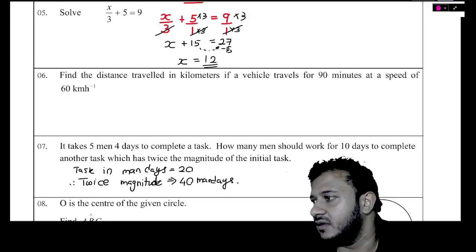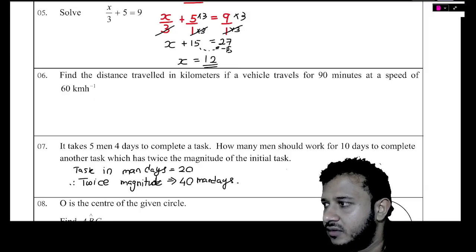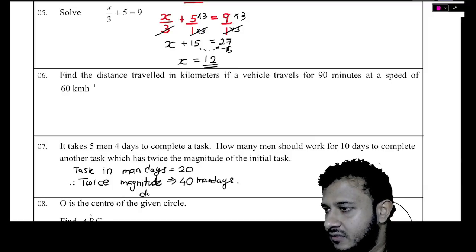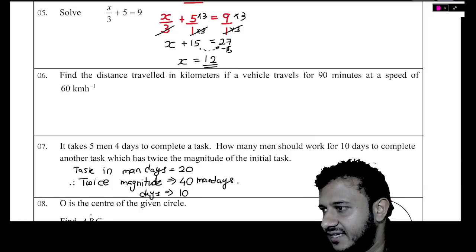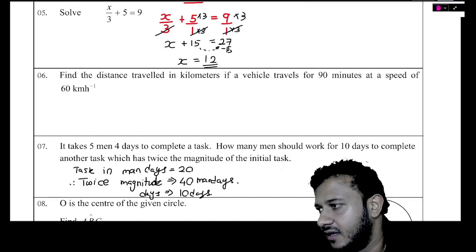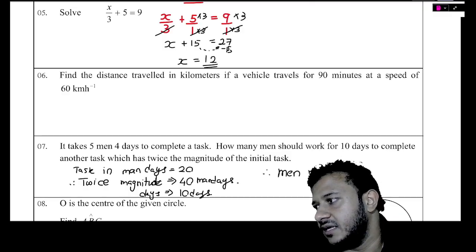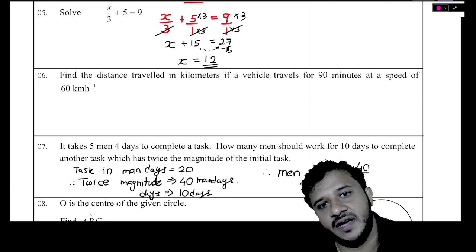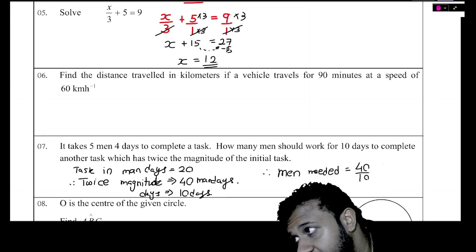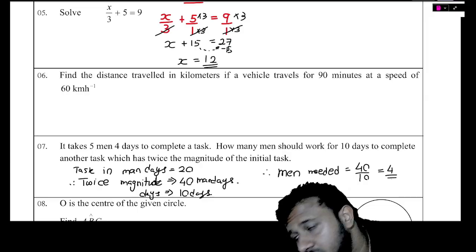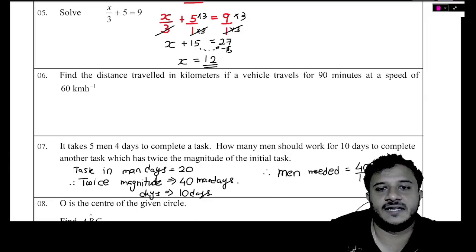And how many days are there? 10 days are there. Therefore, the amount of men needed is 40 divided by 10. That's 4. 4 men are needed for 10 days.